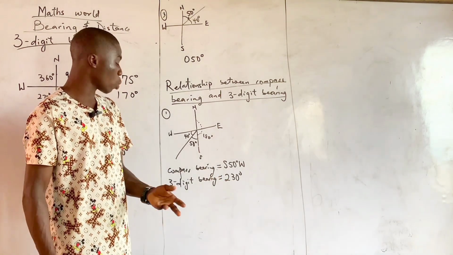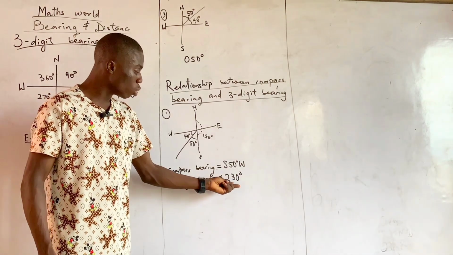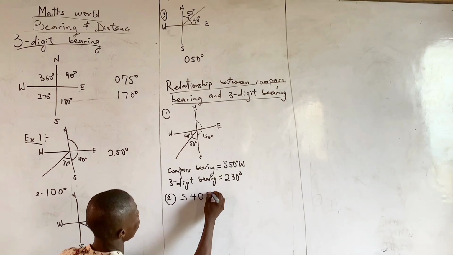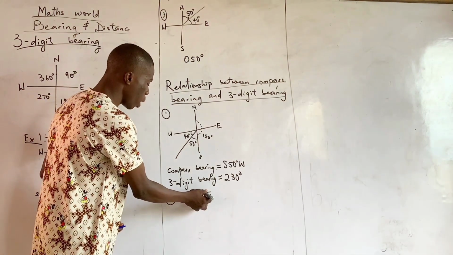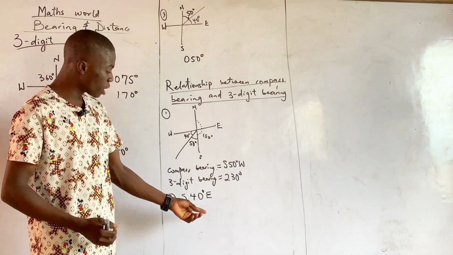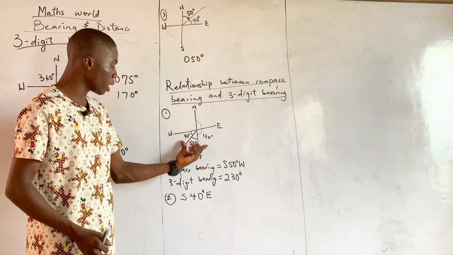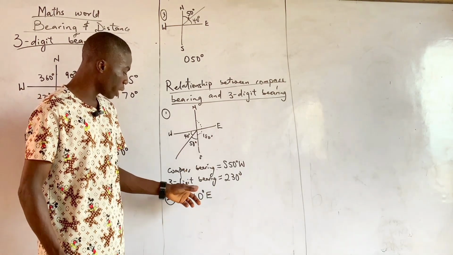They may give you, in your question, a compass bearing, telling you to convert it to 3-digit bearing. See how you do that. If the question says convert south 40 degrees east to 3-digit bearing, how do you do that? First, represent it at the cardinal points. After representing it like this, you can now change it to 3-digit bearing.